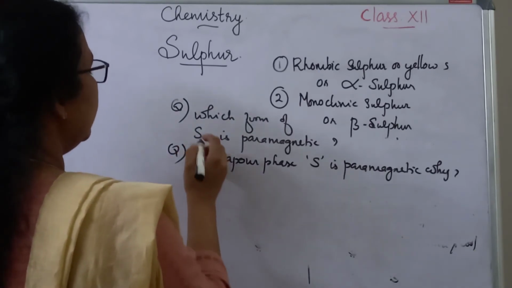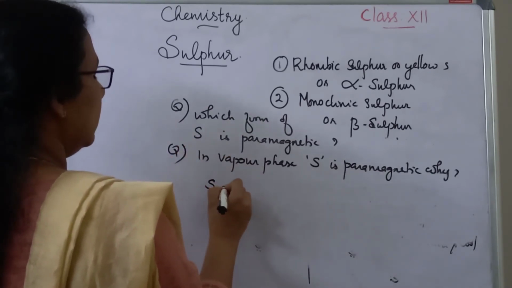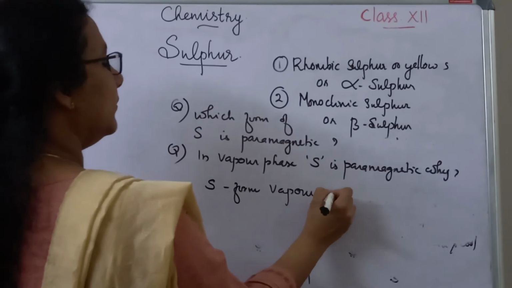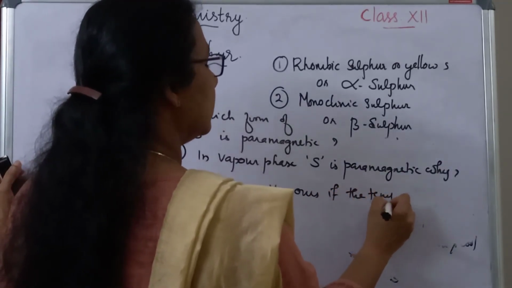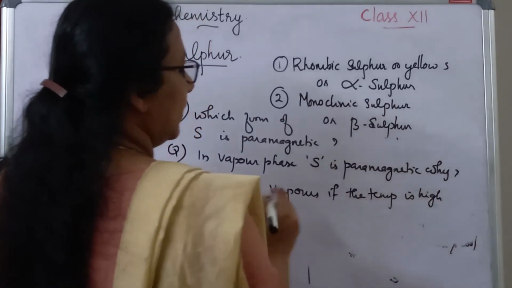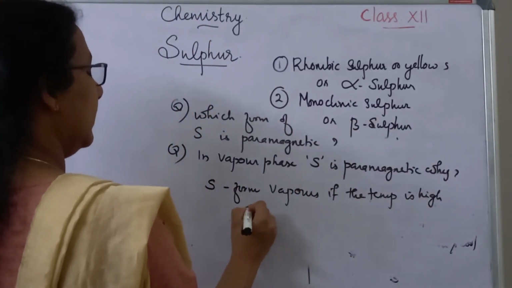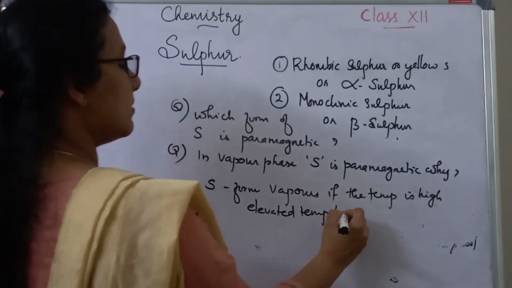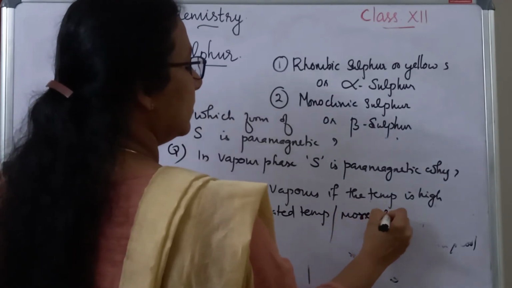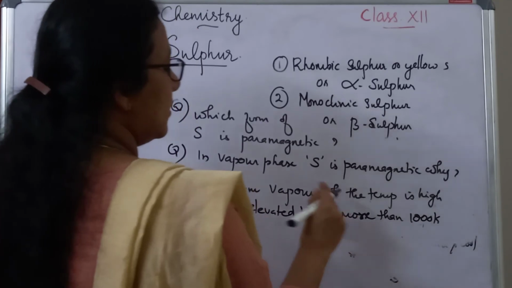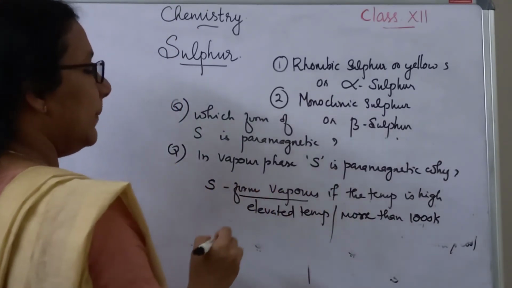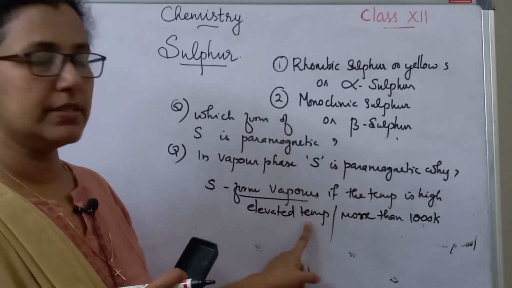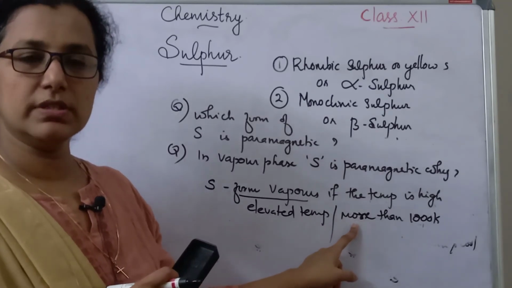Sulfur forms vapors if the temperature is high, at elevated temperature, that is more than 1000 Kelvin.